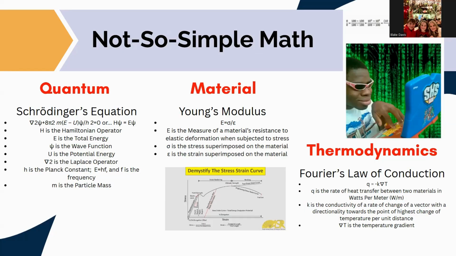It is represented by the Laplace operator of a wave function, plus 8 pi squared times m, the mass of a particle, times the energy minus the potential energy, times again that wave function, divided by the Planck constant, which is a constant used in quantum physics and quantum mathematics, divided by 2.